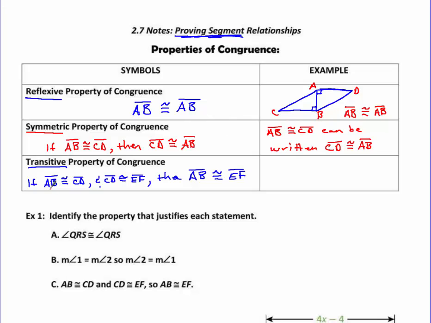And that's helpful to us because if all that's true, then segment AB can be rewritten as segment EF. So that may come in very handy when we're doing a proof.